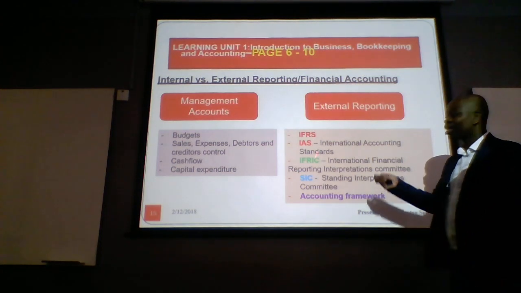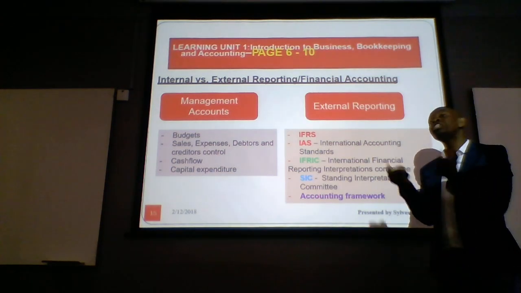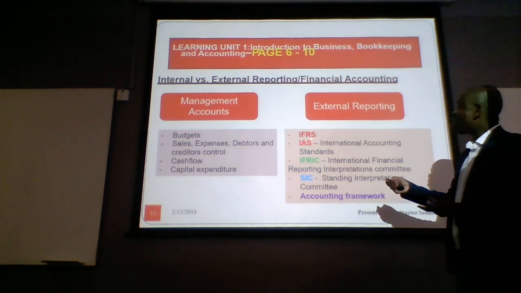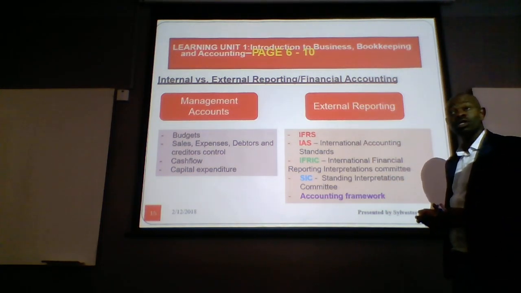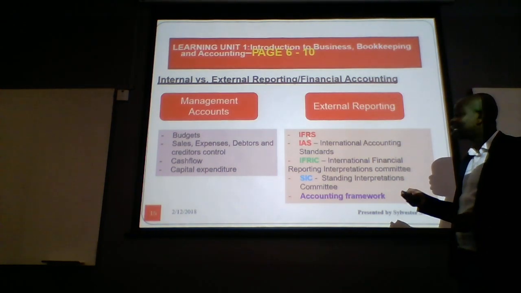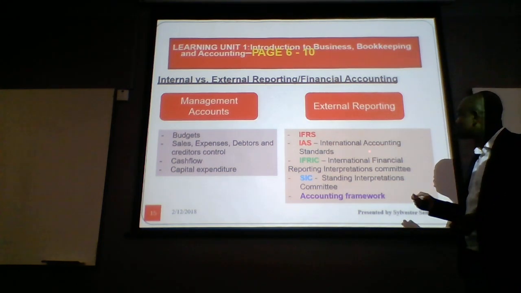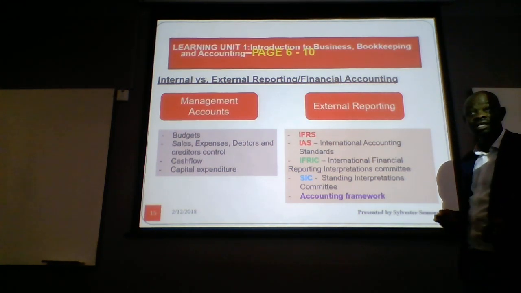Now, if you check here, financial accounting has a framework within which we work. We are following standards. We follow IFRS, like the one that I just mentioned, the International Financial Reporting Standards. We follow the IAS, the International Accounting Standards.